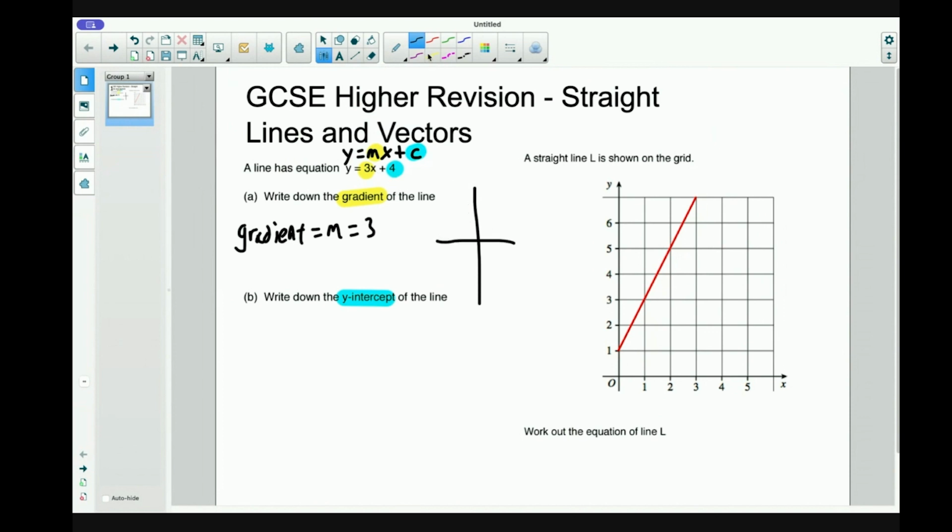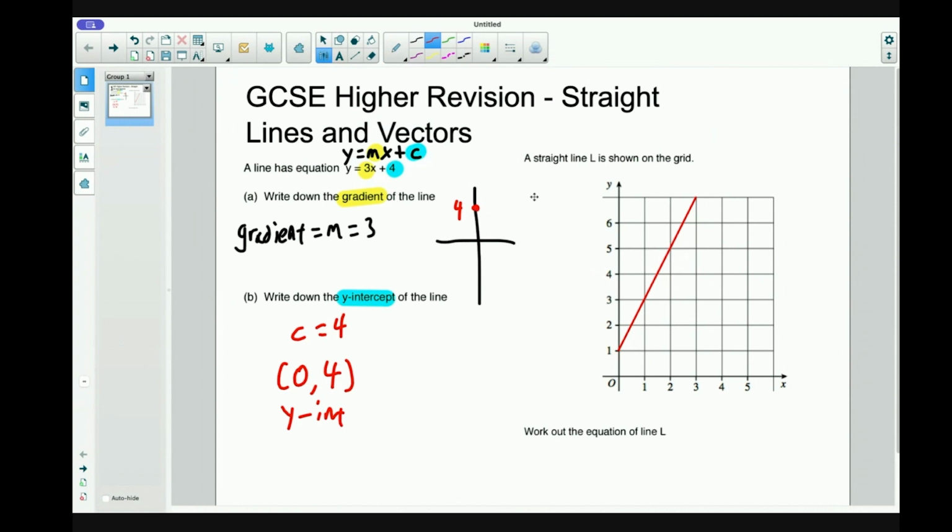Since it's a positive 4, I can say that c is equal to 4. So our point is at (0, 4). Our y-intercept is when x is 0 and y is equal to 4. So this is where our graph would cross the y-axis here.